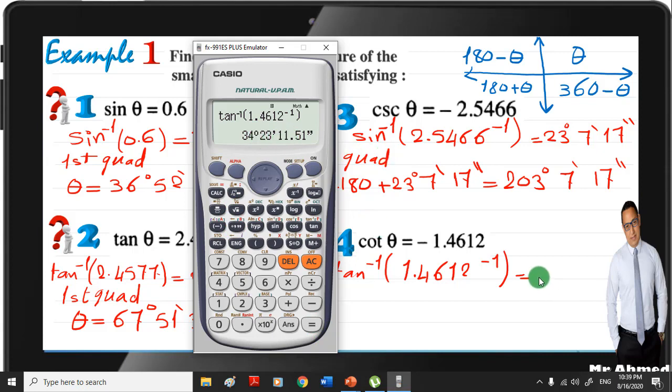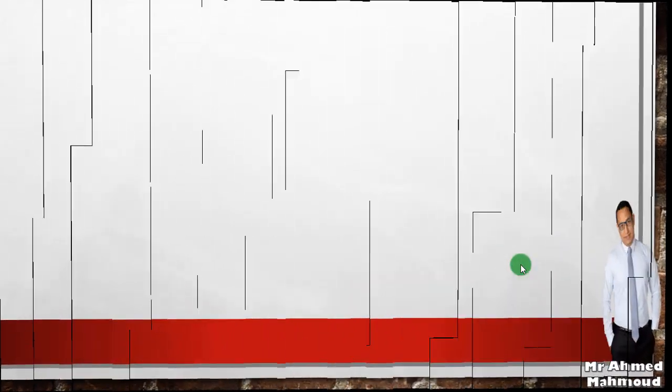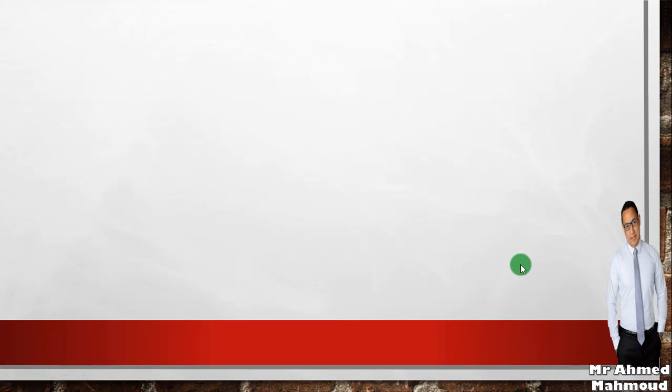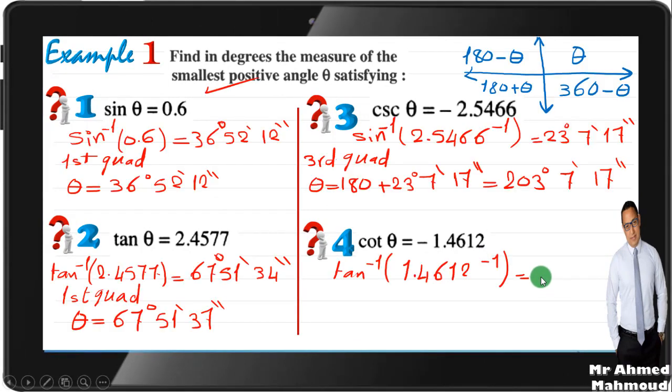I will write the angle here: 34 degrees 23 minutes and 12 seconds. Cotan is negative in the second and fourth quadrants. Again, cotan is negative in the second and fourth.